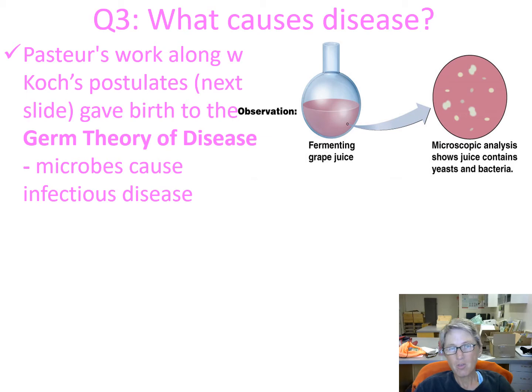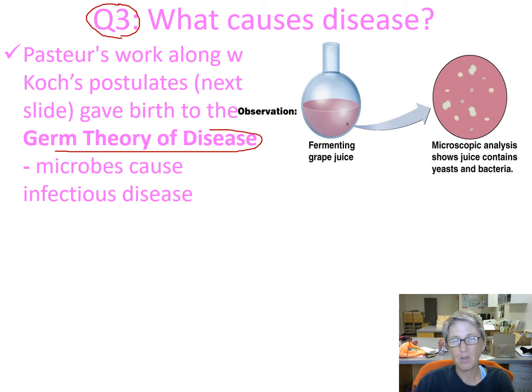So Pasteur's work. So now, oh, I'm sorry, let me back up. Now we're at question 3 that all these people were asking in the before times. What causes disease? So Pasteur's work that he did, along with Koch's postulates that we'll look at on the next slide, gave birth to this germ theory of disease.